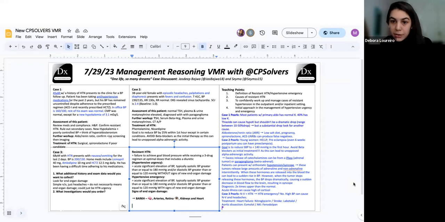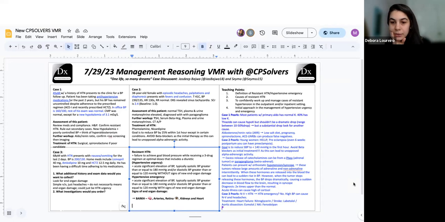In case two, for me, the great pearl is that in this case the patient had a paraganglioma, we had to reduce the systolic blood pressure to less than 140 mmHg in the first hour, and avoid beta blockers initially, because they can lead to unopposed alpha adrenergic stimulation.